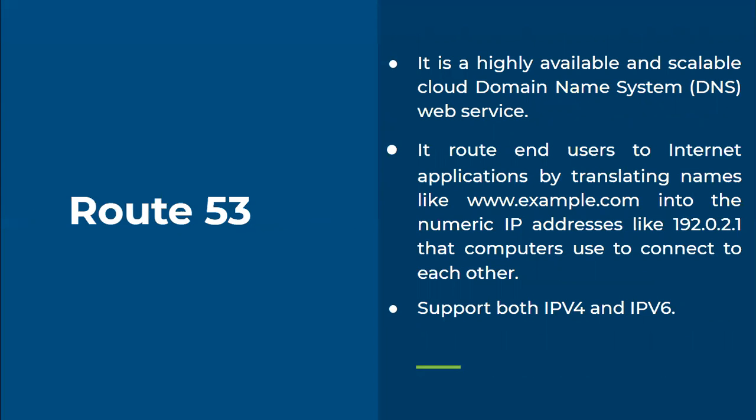So Route 53 is a service provided by AWS. It is a DNS, that is, Domain Name Service. It is a mapping service which maps the name of a website to its IP address. A website is given a numerical IP address, and it maps to its name, which is in English.